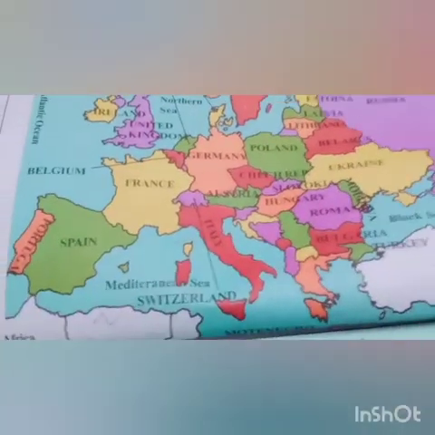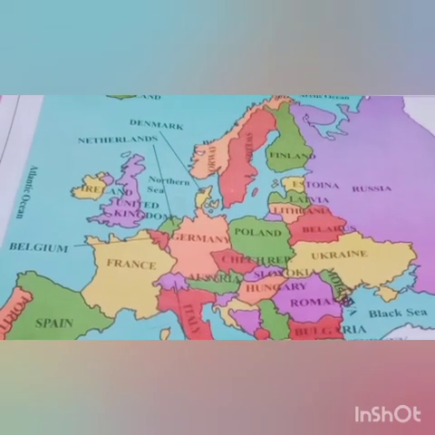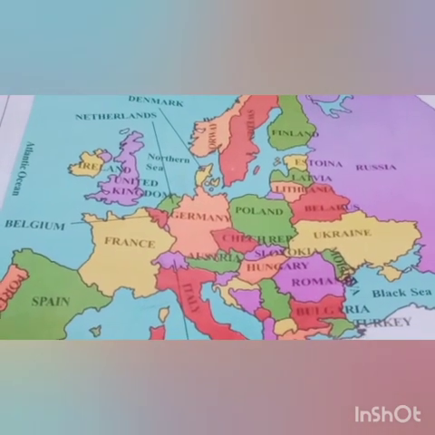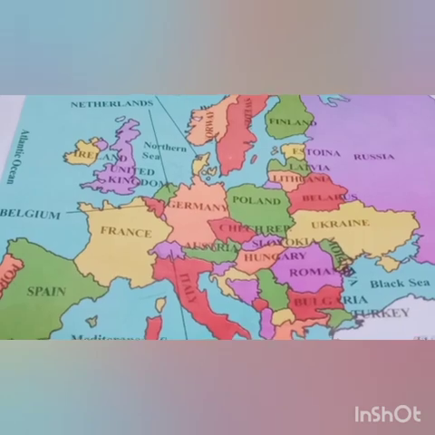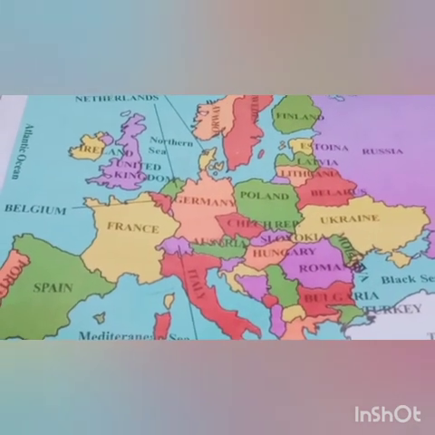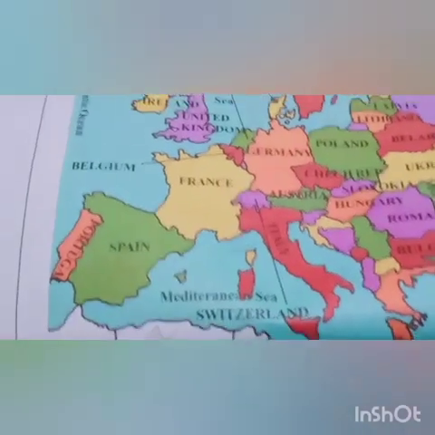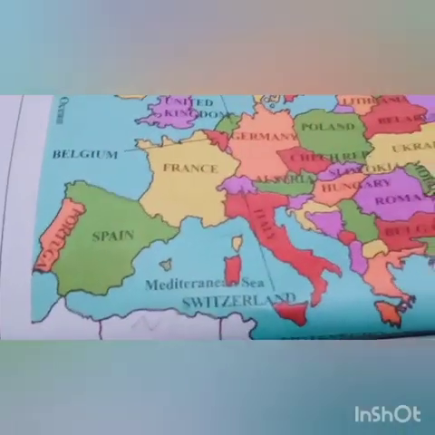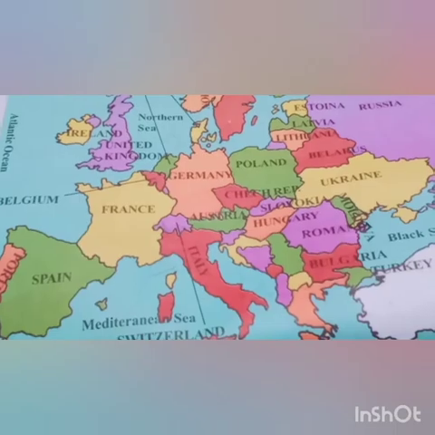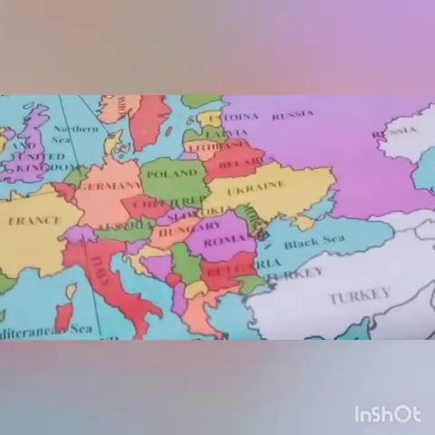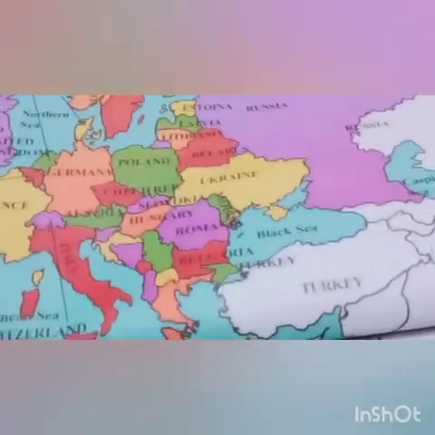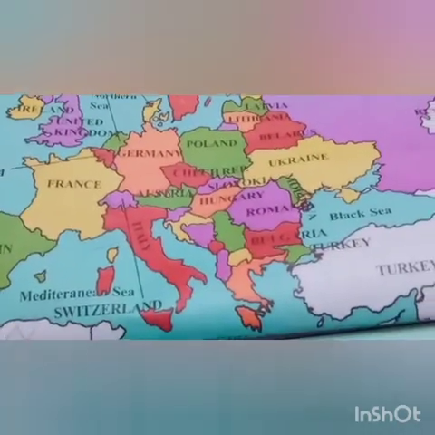And these are the important countries: Norway, Sweden, Finland, Denmark, Germany, United Kingdom, Ireland, France, Spain, Portugal, and Italy. So like that, these are the important countries of Europe.